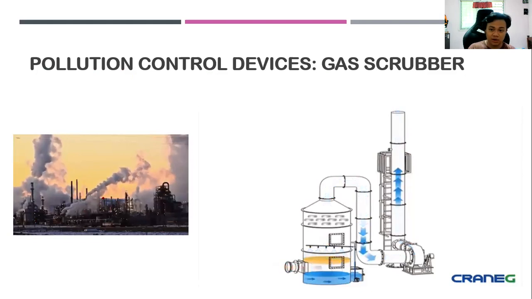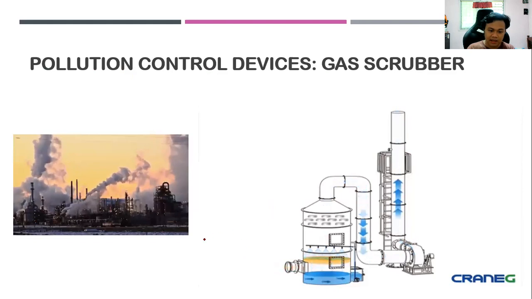From crude oil, it is distilled into gasoline, diesel, kerosene, and those gases. We don't want to let the sulfur and nitrogen go up to the atmosphere. So what we do is we remove the sulfur and nitrogen as it is formed.